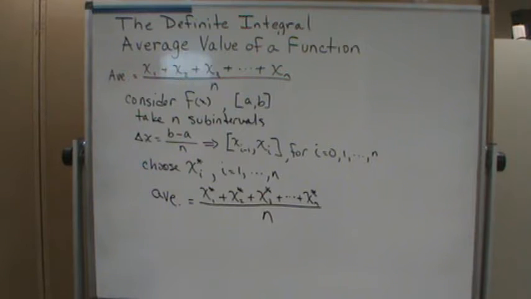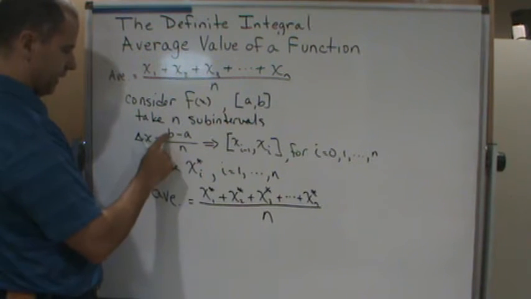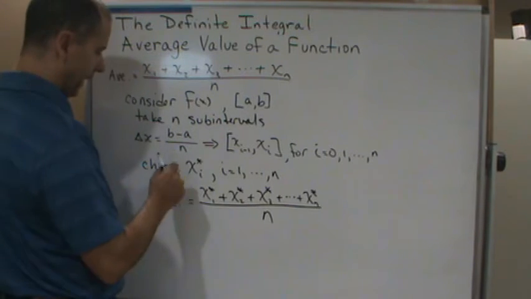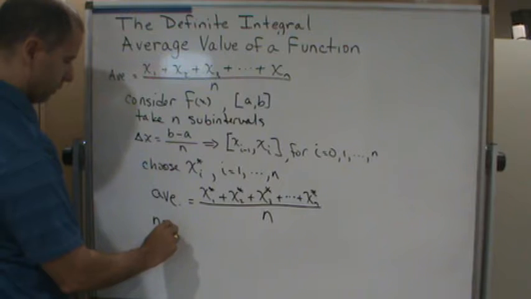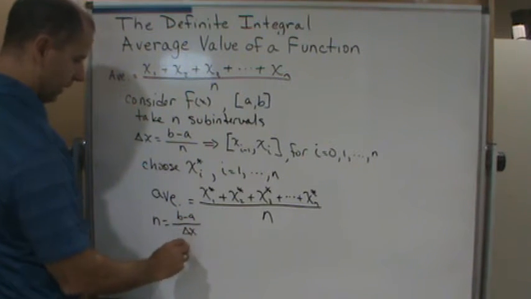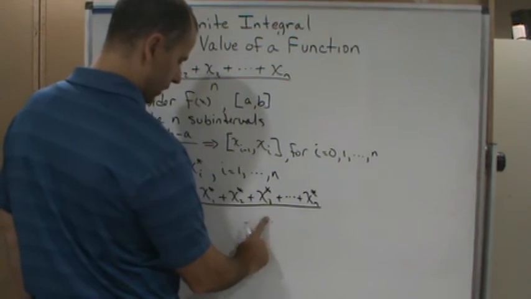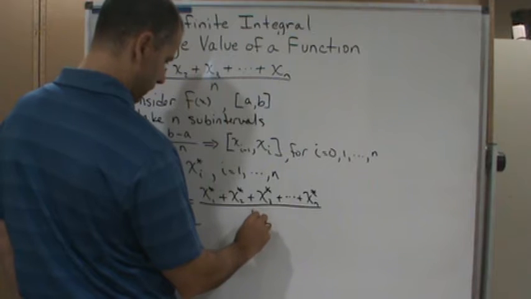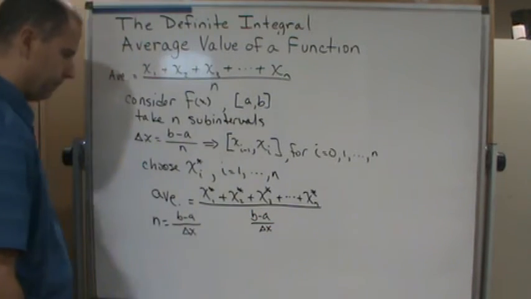Now, okay, let's look at this further. Since we know that delta x is equal to this, then also n, right? So this implies n is equal to b minus a over delta x. So let's change this to b minus a over delta x, okay?